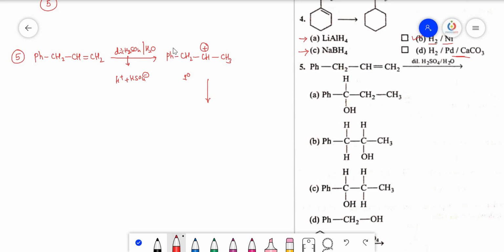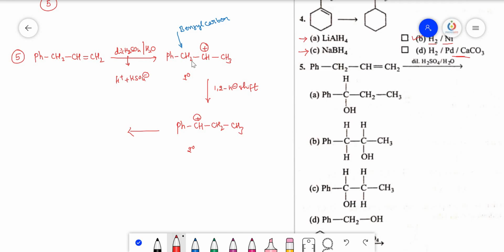But in this particular process, the phenyl group is connected to this particular carbon, which is a benzyl carbon. So that is the reason why one of these hydrogens will be shifted over to this carbon. So a 1,2 hydride shift takes place, and we get Ph-CH+-CH2-CH3.